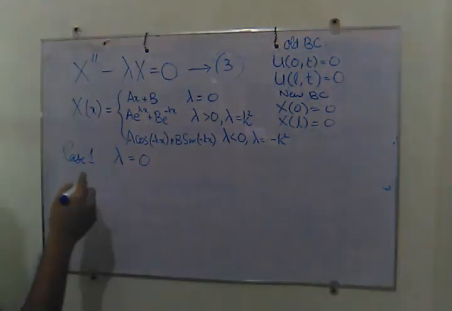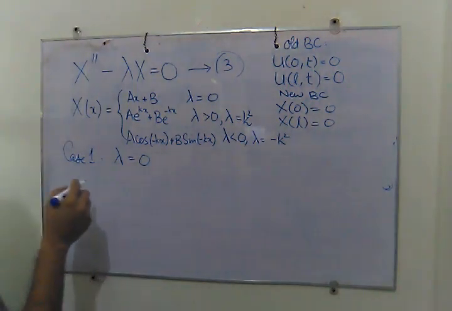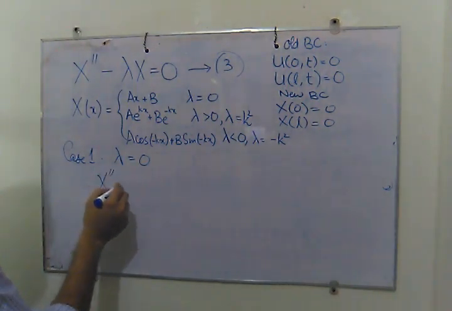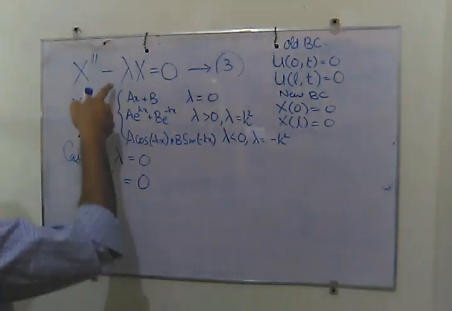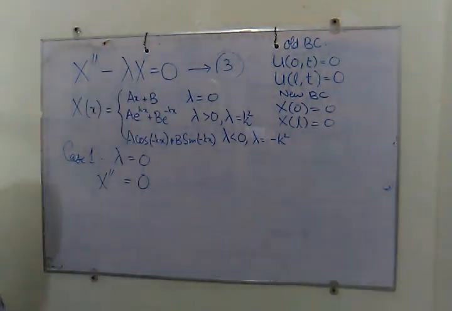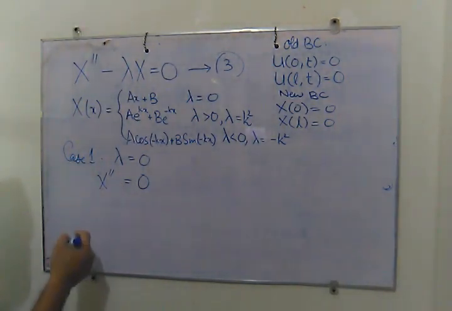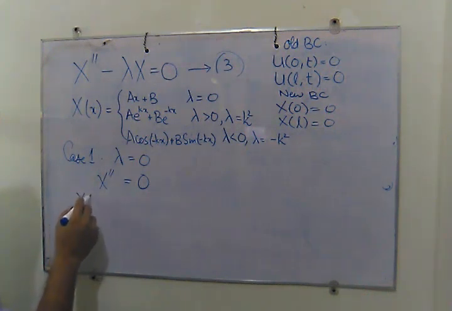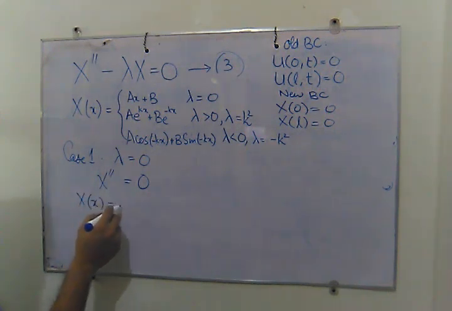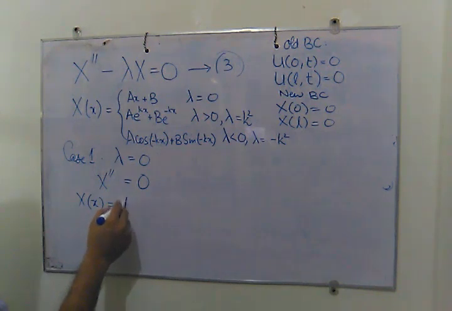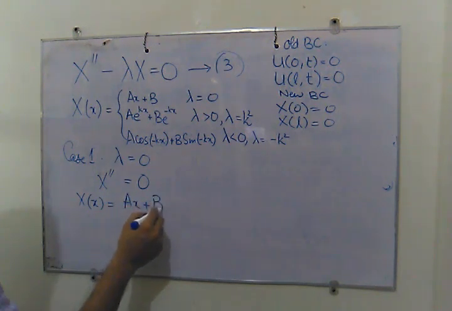When we put lambda equal to 0 in equation number 3, the equation will take the form X double dash is equal to 0 because this parameter vanishes. When X double dash is equal to 0, the general solution would be ax plus b.